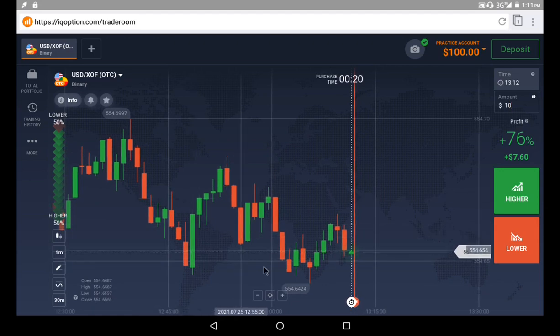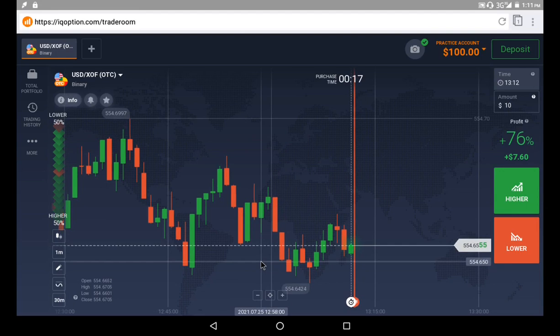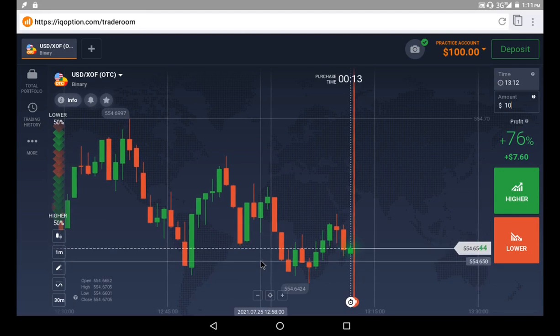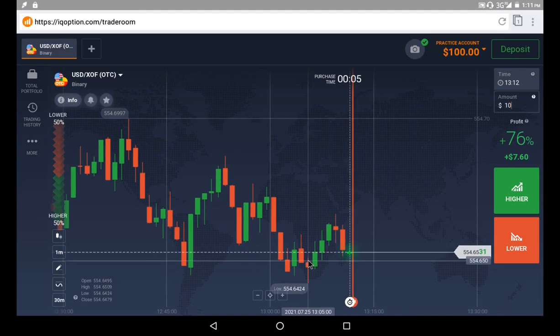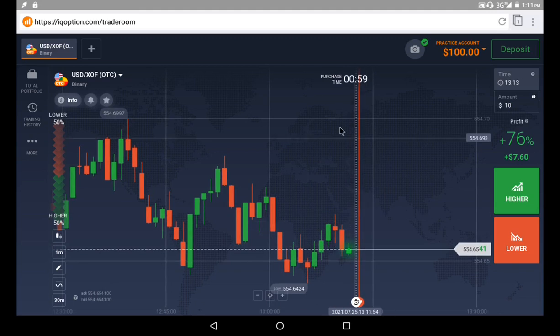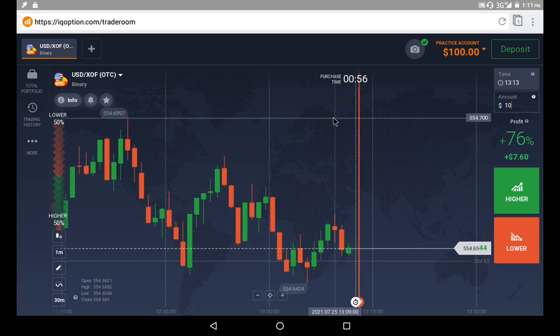So this round number is 554.650. We can take it to be a strong round number. Okay, although the strongest of the round numbers are those that have more zeros.